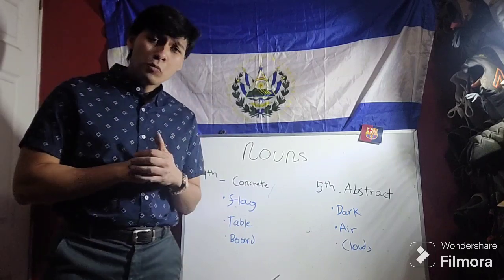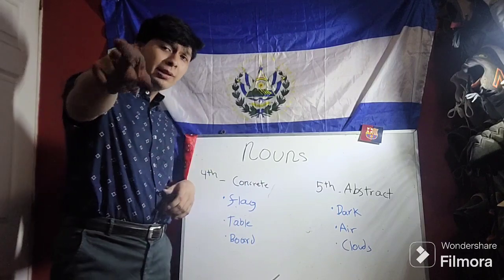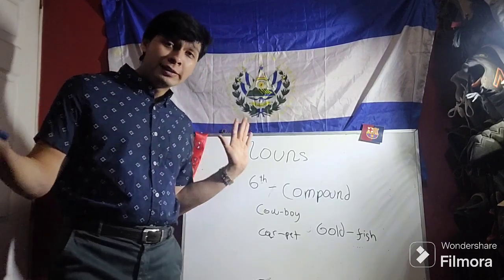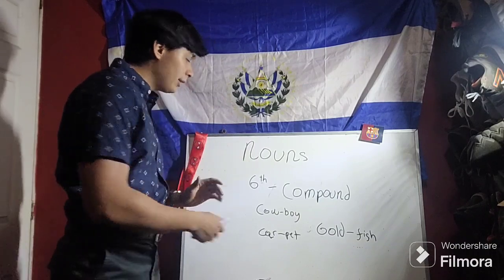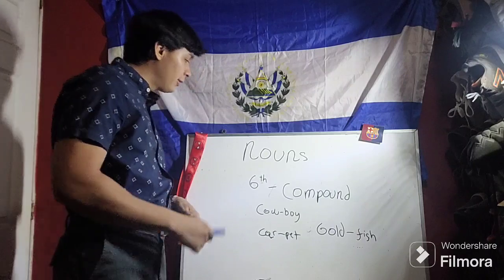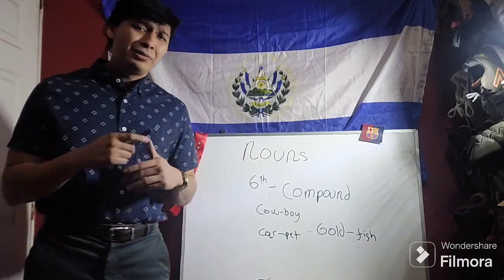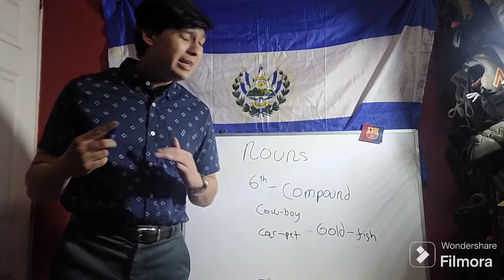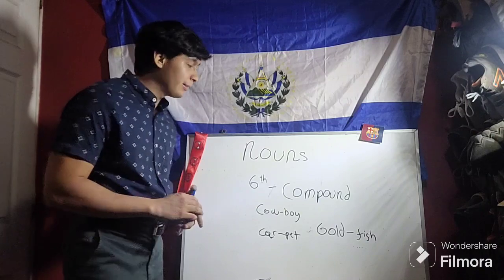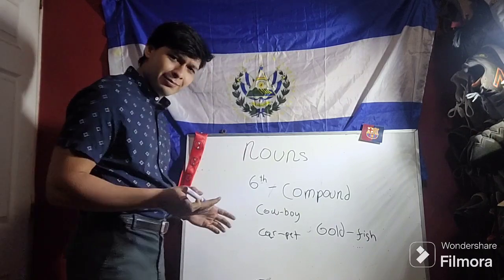We're finally at the last classification of nouns, which you have to know: compound nouns. In compound nouns, it's very easy to identify them. You might say, Rafa, how is that possible? It's very easy.